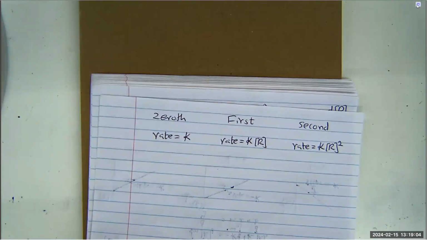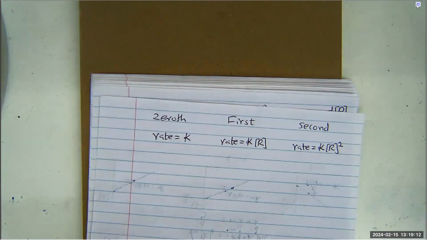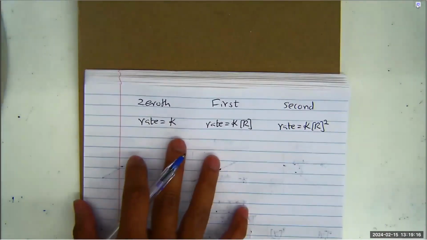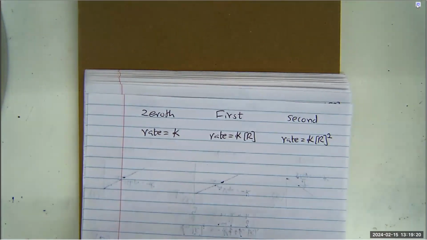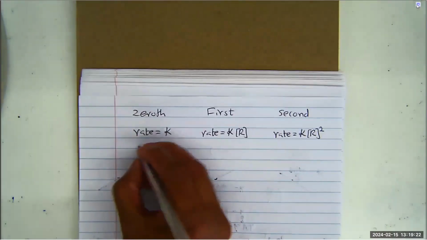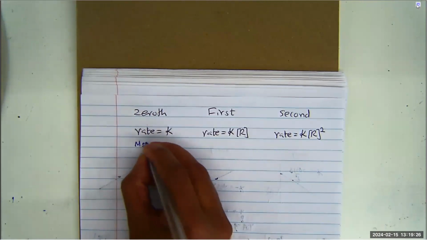Now let's determine the units for the rate constants. Rate is always concentration per unit time. Let's say the time is in seconds and concentration is in molar. So rate units should be molar per second.